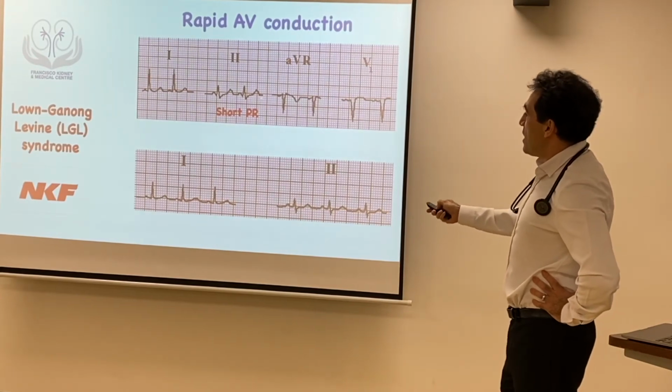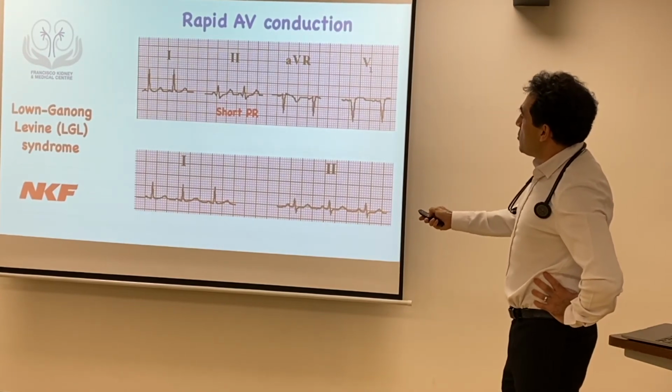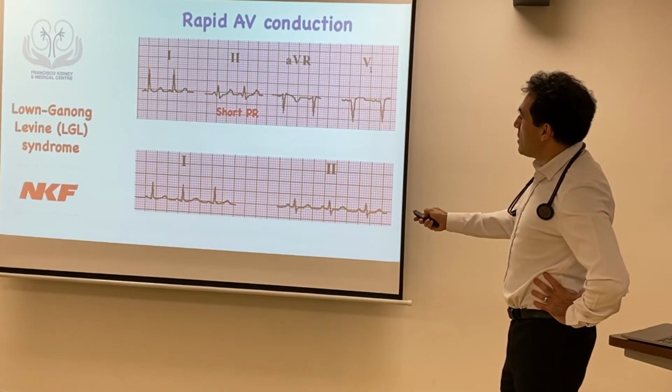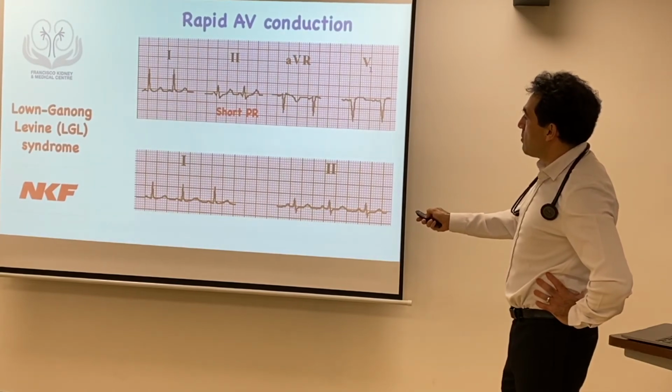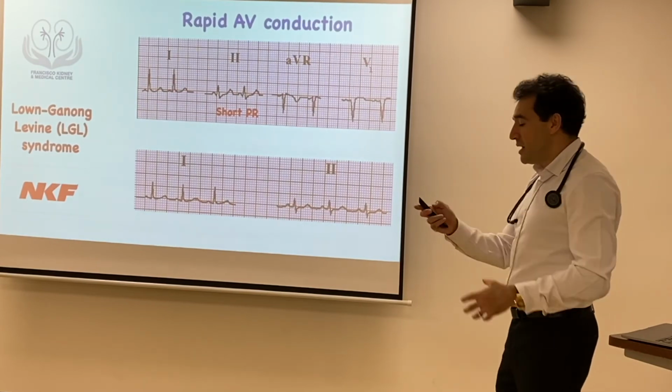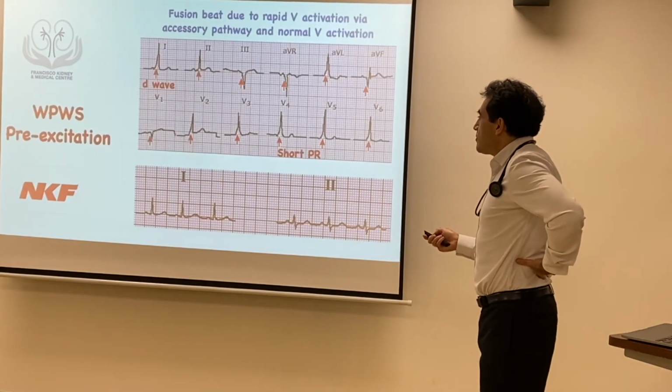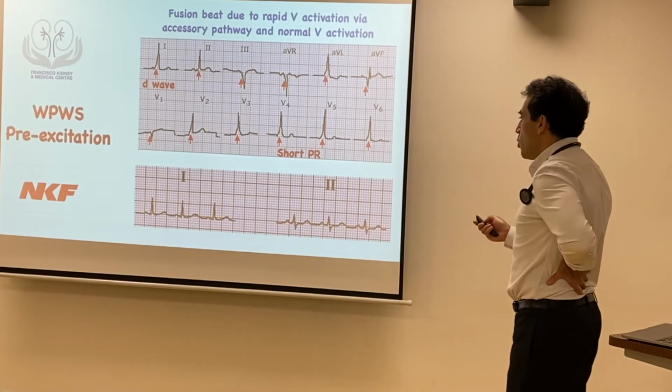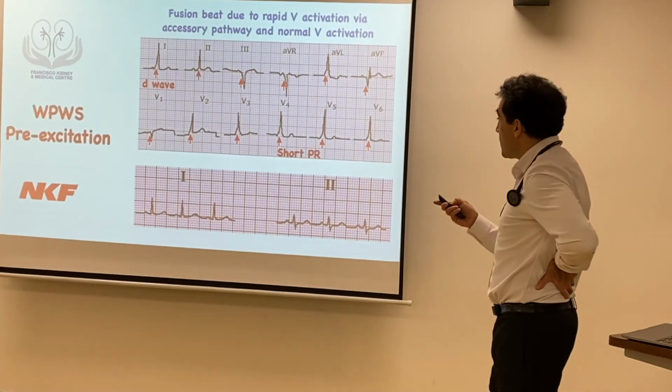So there's rapid AV conduction here. You see there's a short PR. Suddenly the PR is very short because suddenly the conduction is very fast between the atrium and the ventricle. There's not a little bit of delay. Yeah. You have heard of Wolff-Parkinson-White syndrome, which has pre-excitation.